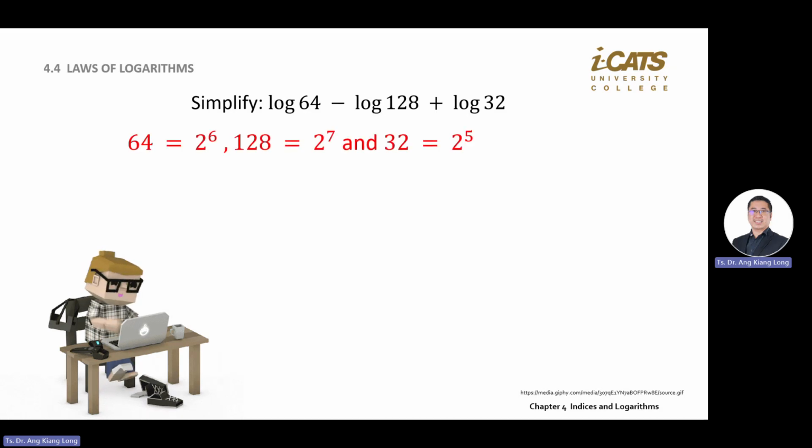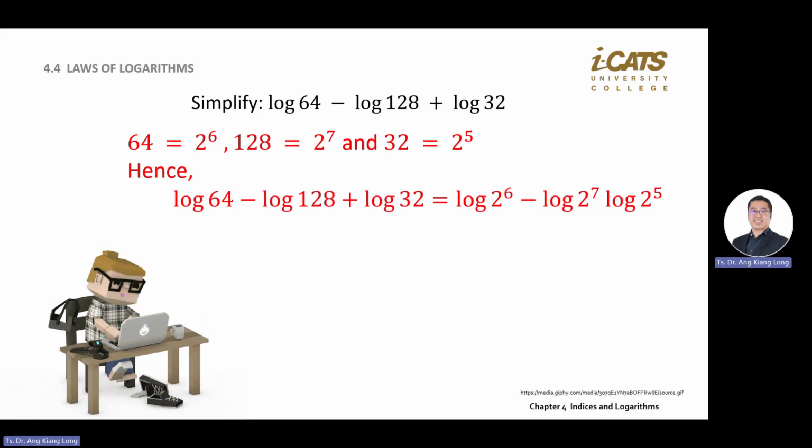So sometimes you can further simplify. It asks you to simplify, it means you use the lowest base that you can find. It can be 10, it can be 2, it depends on the situation. This is on base 2. So this is how you reduce the number into a simplified form.